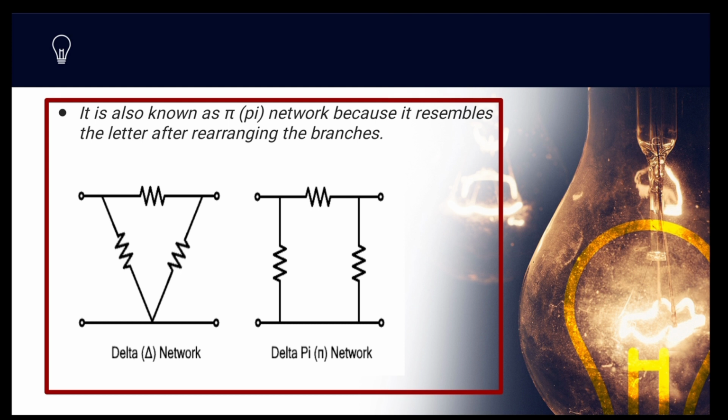As we call the star connection a T connection, the delta network can also be called a pi network, because after rearranging this and grounding it like this, we can just adjust it. If you stretch this one, it almost looks like this. As the voltage here will be the same, there won't be any changes.